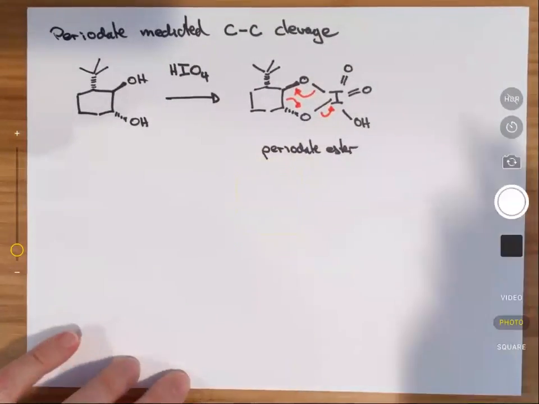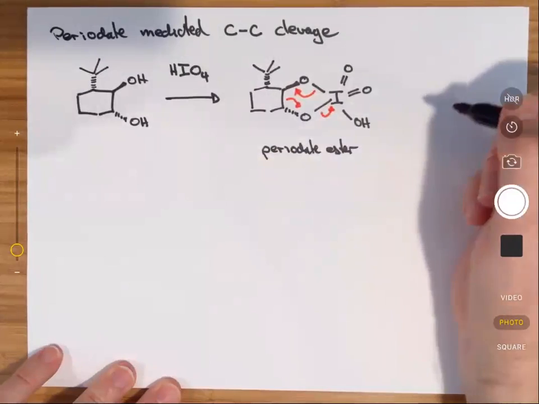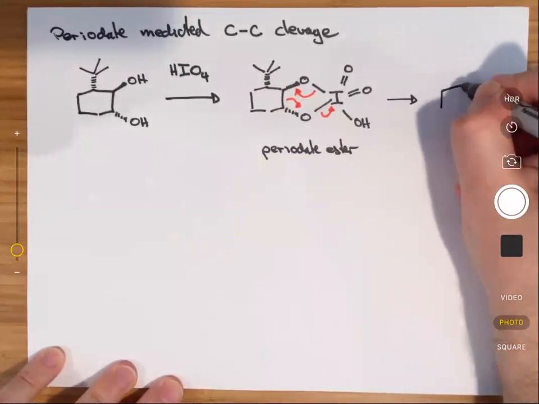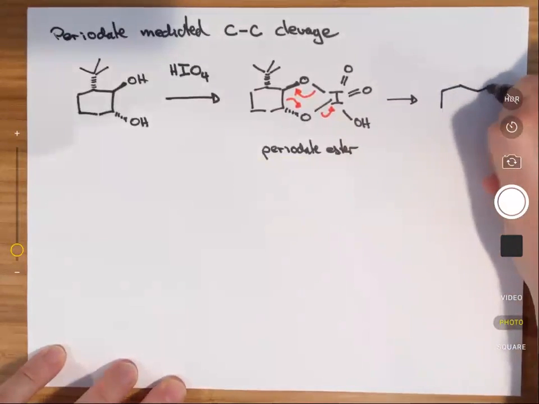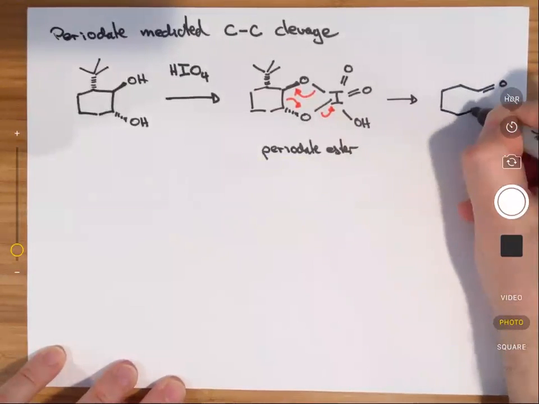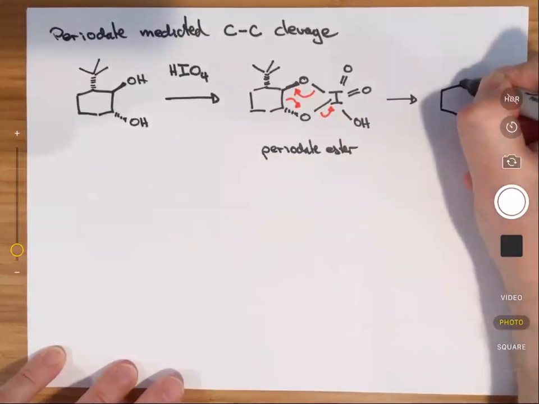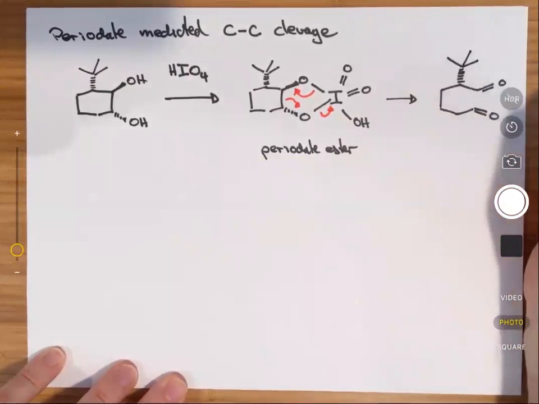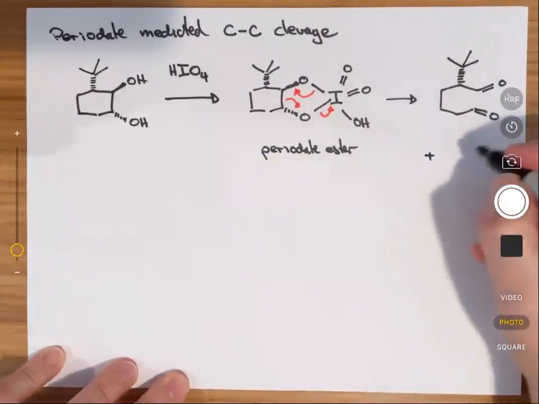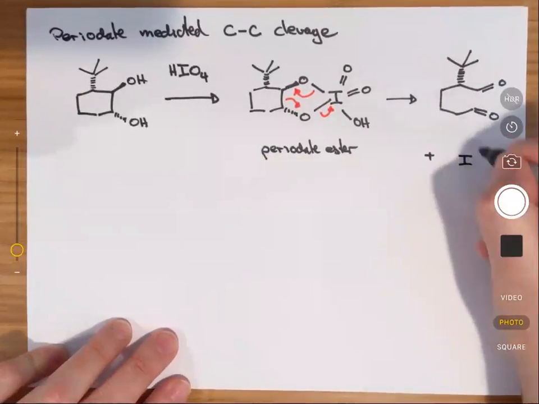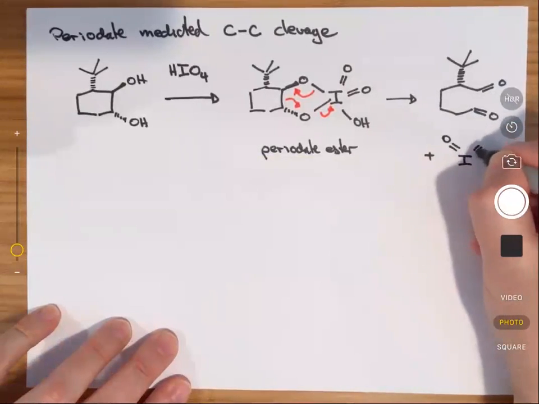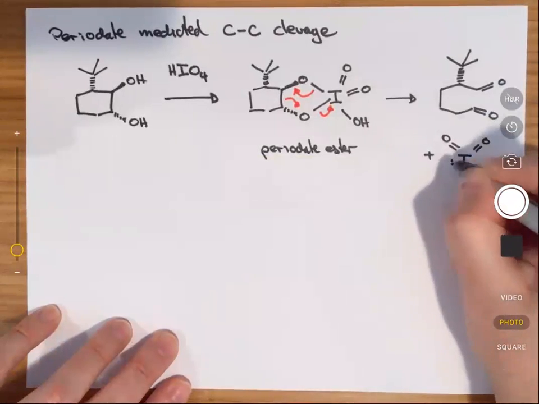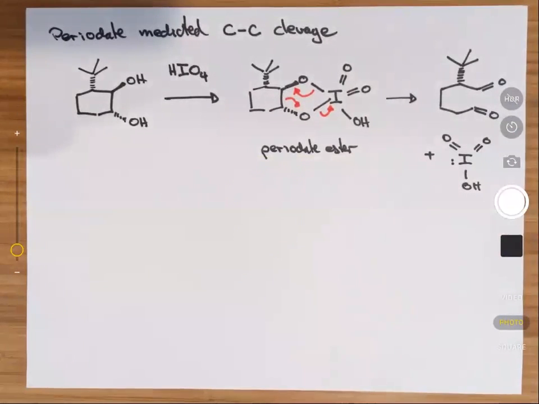So you end up with then the bisaldehyde here, and the stereochemistry up here stays the same. And as a side product, you generate the reduced form of the iodate reagent, right?